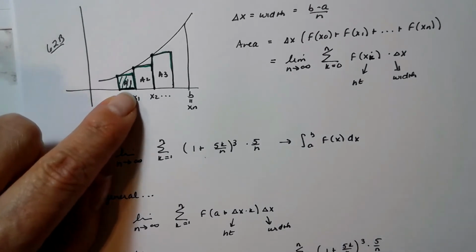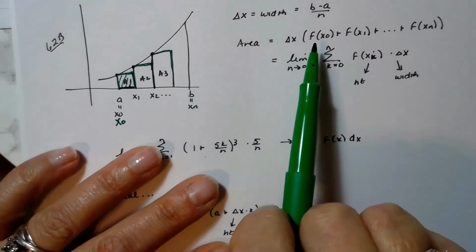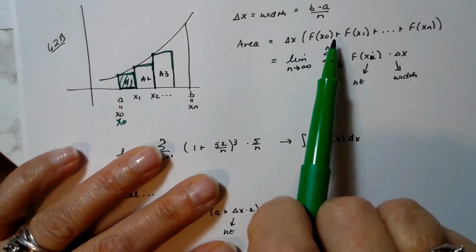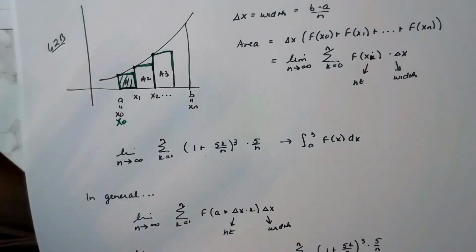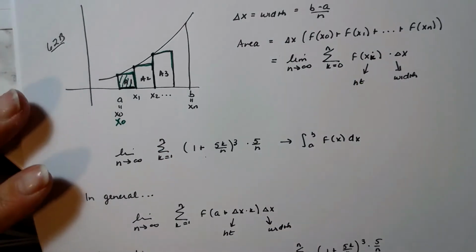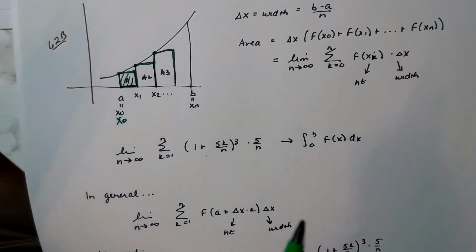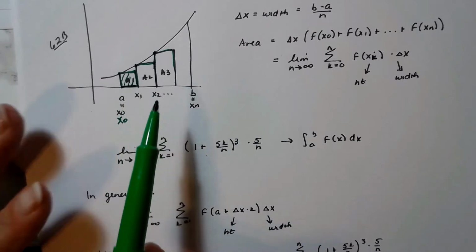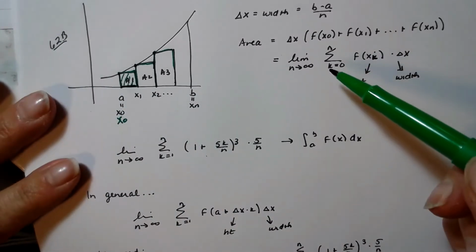Since I'm multiplying delta x by each height, I can factor out a delta x and just add up f of x sub naught plus f of x sub 1 plus and so on, until I'm done. Well, it's a sum. And as the number of rectangles gets bigger, the closer and closer we get to the true area under the curve. So this is a limiting process.